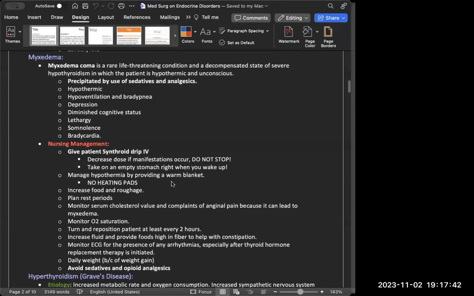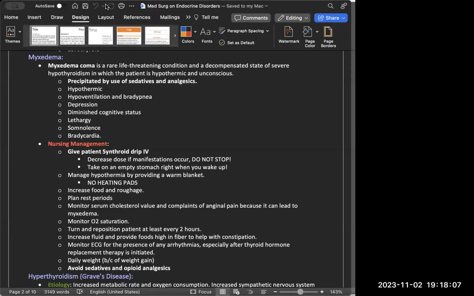Now, we also have myxedema coma, which is a life-threatening, very rare condition that is due in part to hypothyroidism. It's so severe that they come into a comatose state. They're hypothermic, they're unconscious. It's like CNS depression at its extreme, okay?